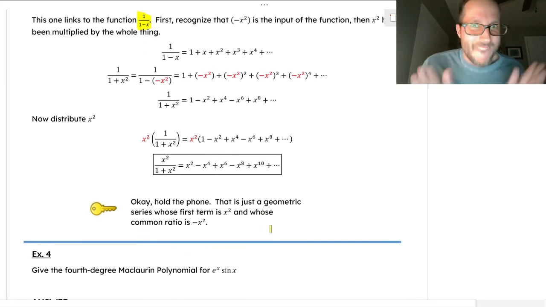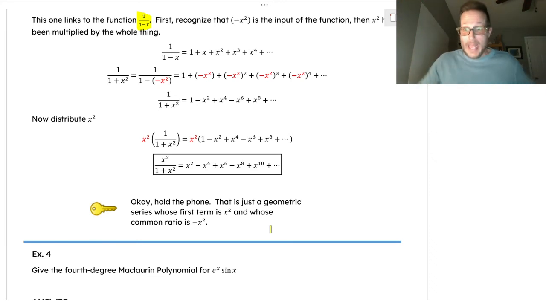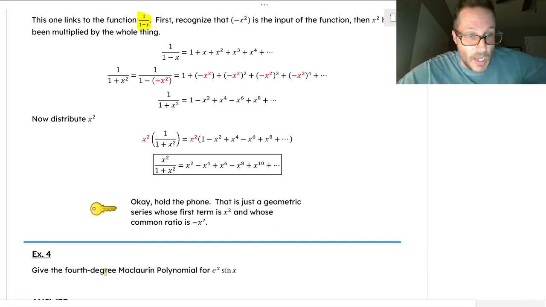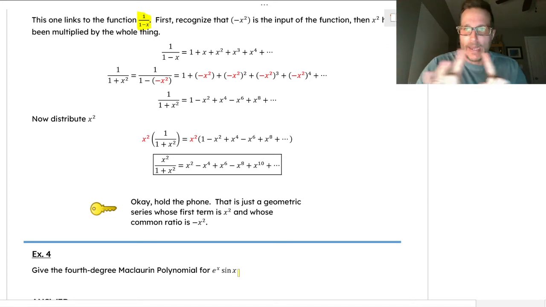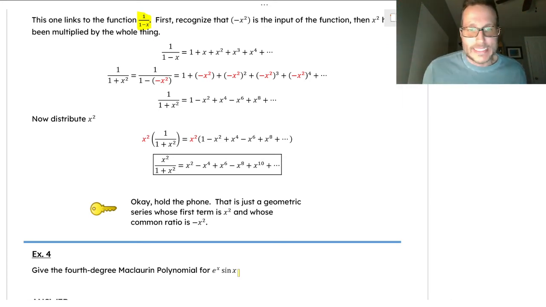Okay, now, the fun one. Oh man, get ready. Just buckle up, because the next one is going to be tough. All right, fourth degree Maclaurin polynomial for e to the x times sine x. So we're not going to take any derivatives, wouldn't be prudent, not at this juncture.